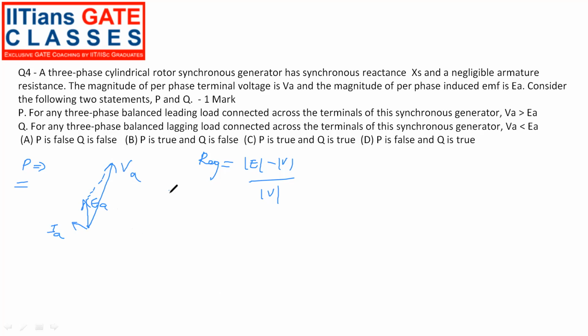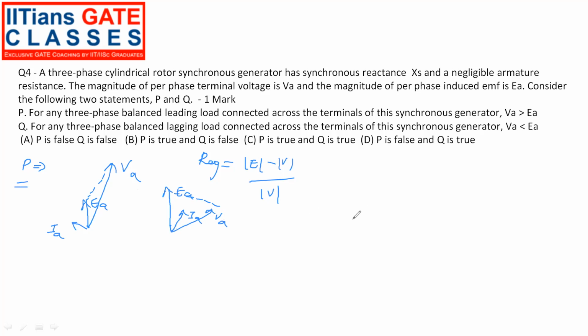Suppose the other way is, say this is EA, and here we have the leading load, say this is IA, then VA can be something like this. So this is the reactance drop. So if you see here, VA is greater than EA, here VA is less than EA. So we can't say. So the statement P is false.